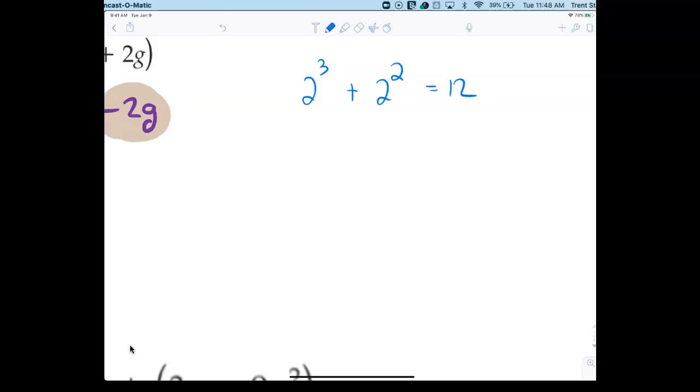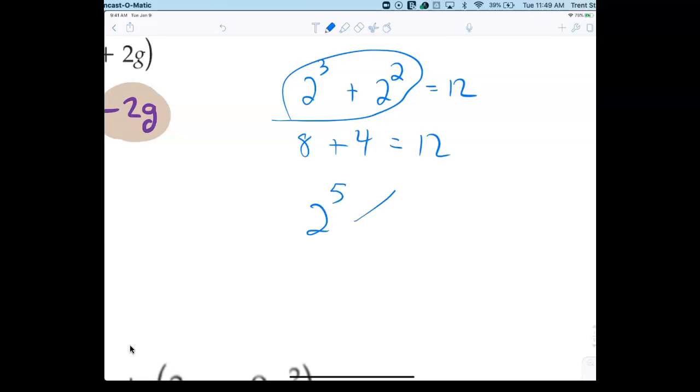Because I know 2 cubed is 8, and I know 2 squared is 4, and 8 plus 4 is what? 12. Okay, so now please listen. Some people might say that's 2 to the 5th. Does 2 to the 5th equal 12? No. Right? Can I add 2 cubed and 2 squared together? No, I cannot.